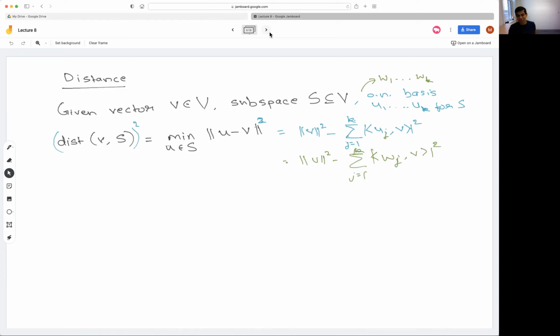They will be equal because both of them are computing this number, which has nothing to do with a basis. It just depends on the subspace. As long as U1 to UK and W1 to WK are bases for the same subspace, they will give you the same quantity. These are just two different ways of computing it. They are not two different quantities. Okay.